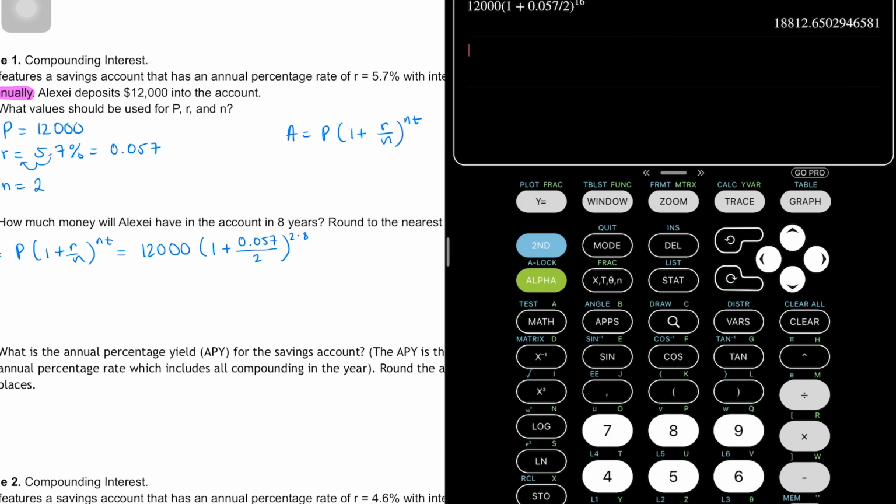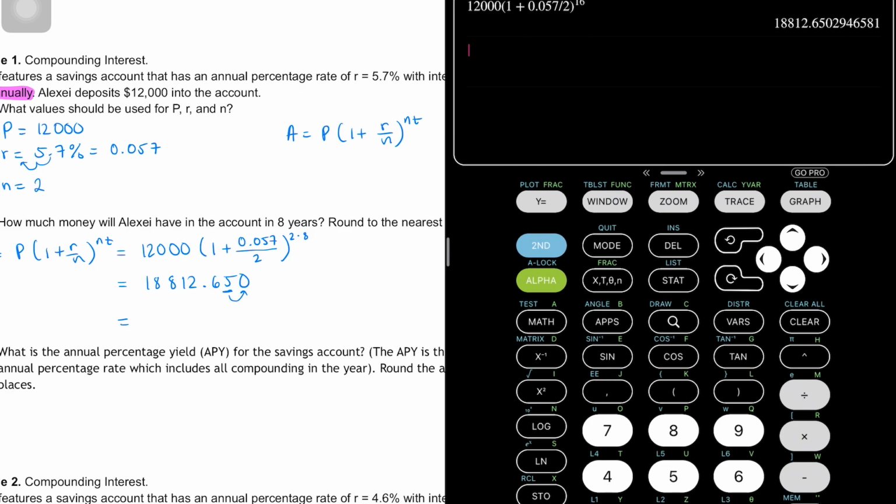18,812. So this is going to be 18,812.650, and they asked us to round this to the nearest penny. A penny is 1/100th of a dollar, so that's the 5. So we're going to test the previous number.